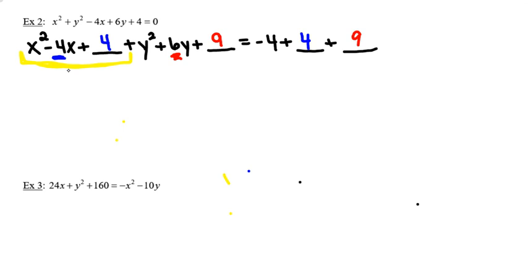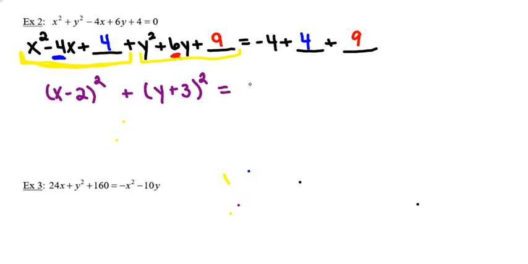So x squared minus 4x plus 4 will actually factor into x minus 2 times x minus 2. But a shorter, more efficient way to write that is to write x minus 2 quantity squared. The second grouping here will factor into y plus 3 times y plus 3, which again, being a little efficient here, leaves me with y plus 3 quantity squared, equals, combining the terms on the right-hand side, leaves me with 9.